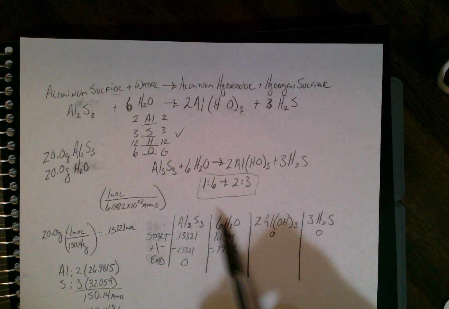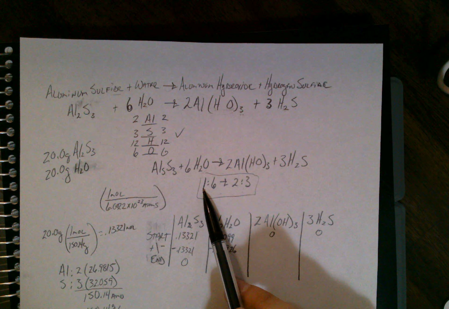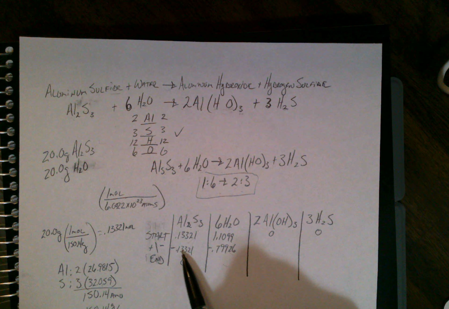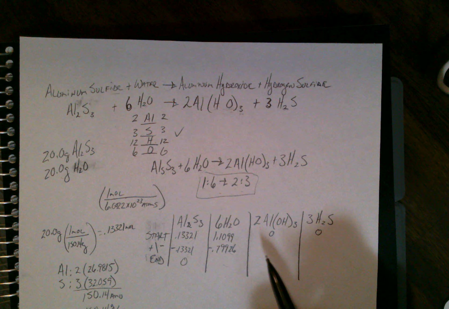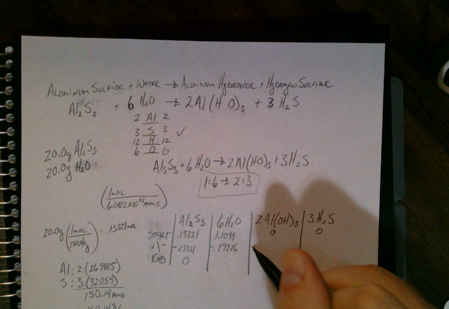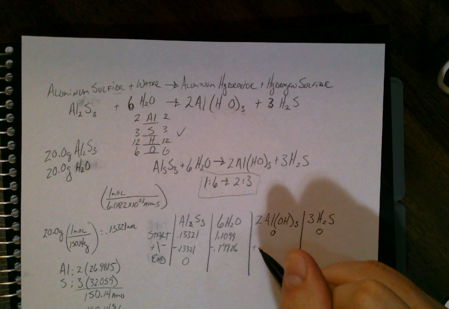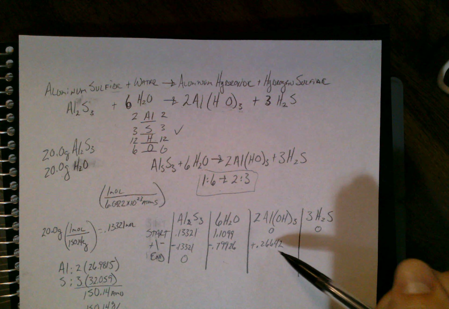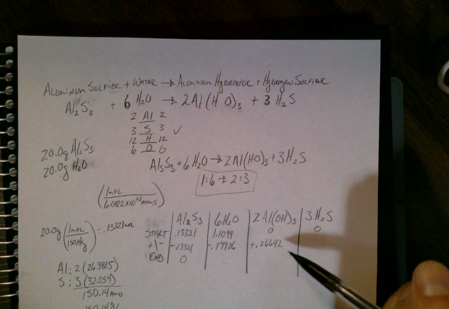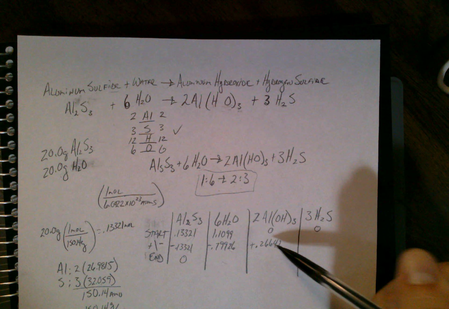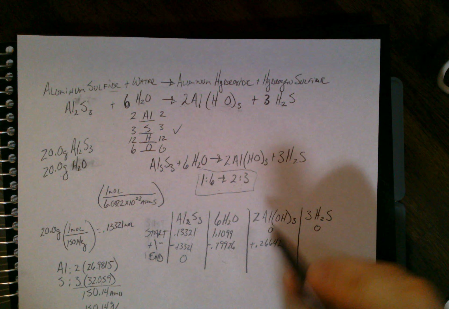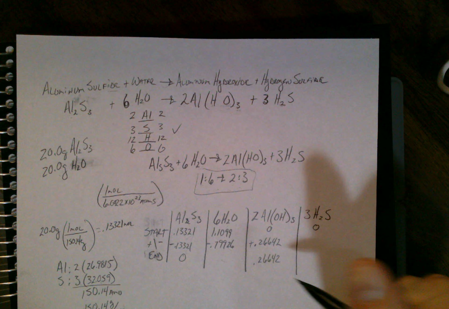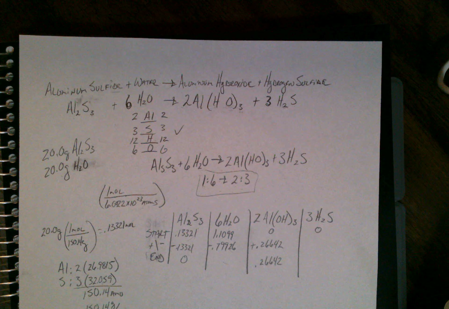So we know that if we have one of these, it's going to create 2 of those. So 0.13321 times 2 will give us, that's going to go up 0.26642 amount of aluminum hydroxide. So that's how much that's going to go up, and that's how much we're going to be left with of that. We know that that's how many moles of that particular molecule we're going to have.